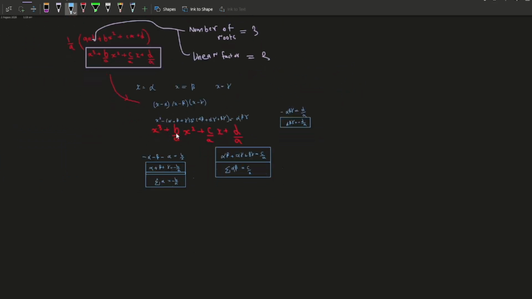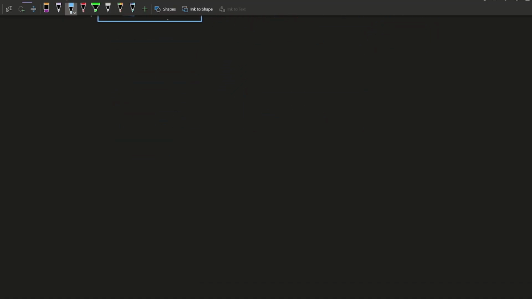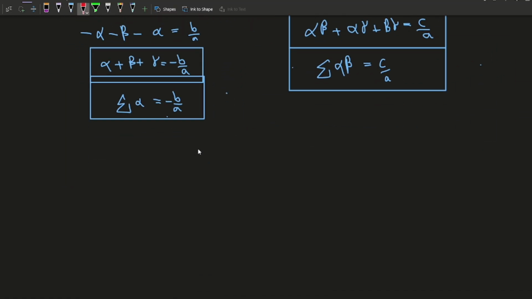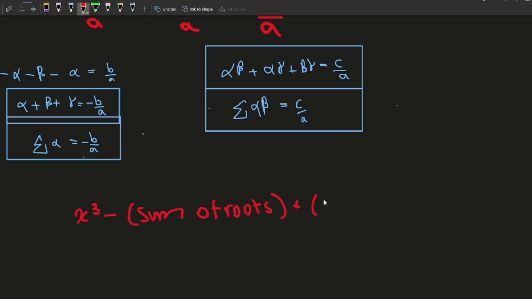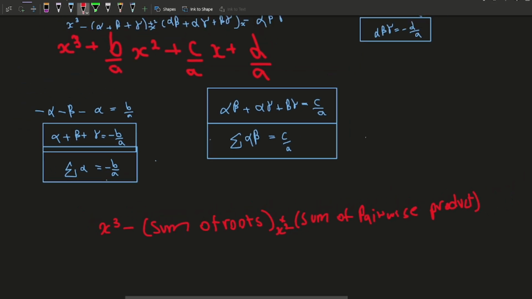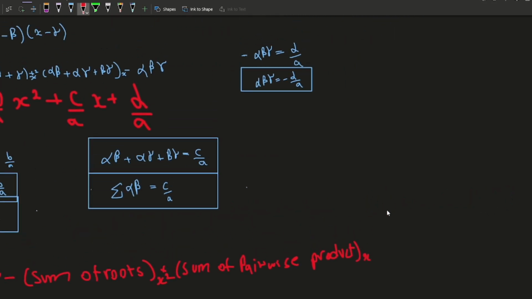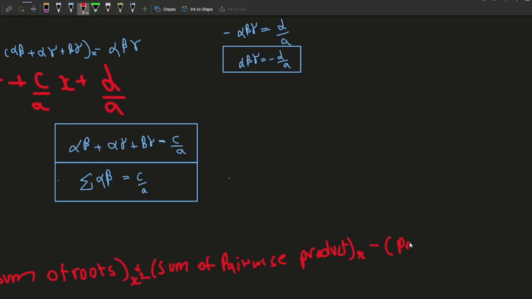So this is how our cubic equation looks: x cubed minus the sum of roots times x squared, plus the sum of pairwise products of roots times x, and then finally minus the product of roots.